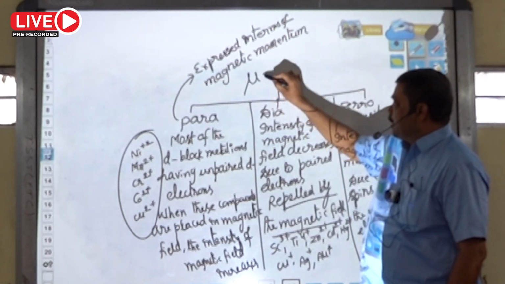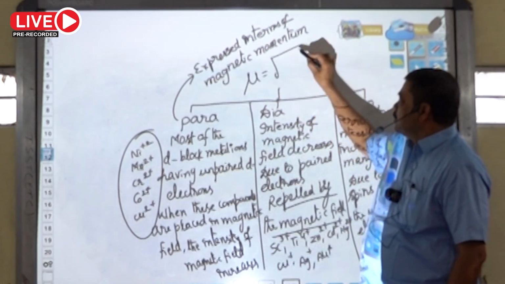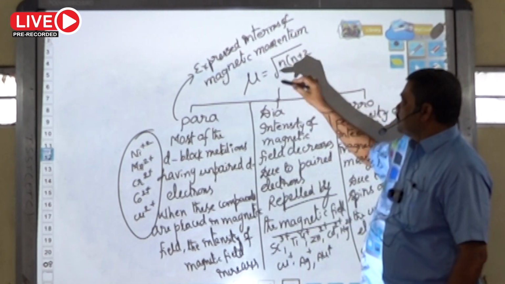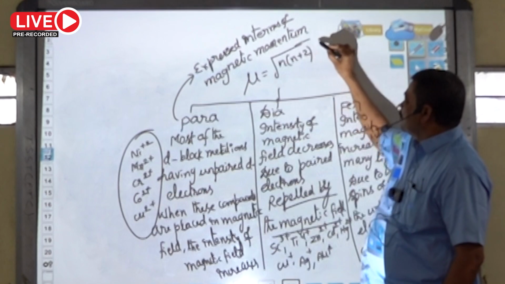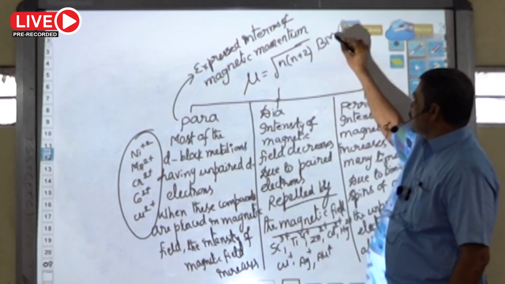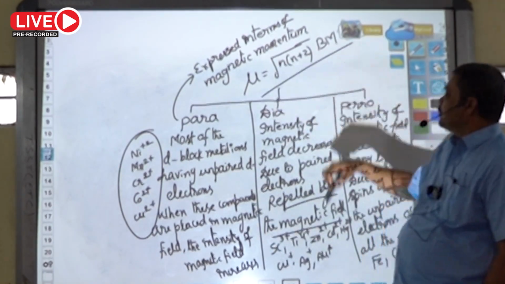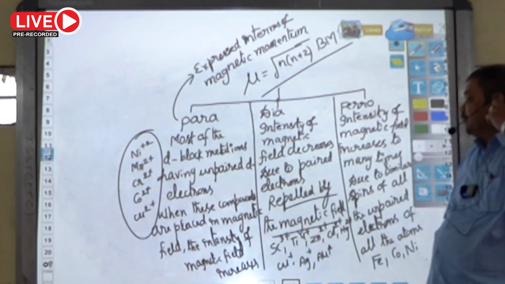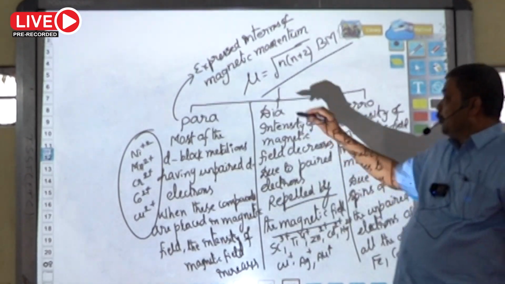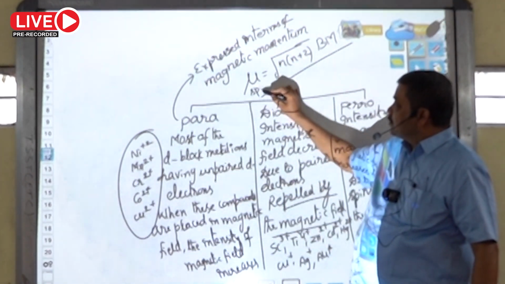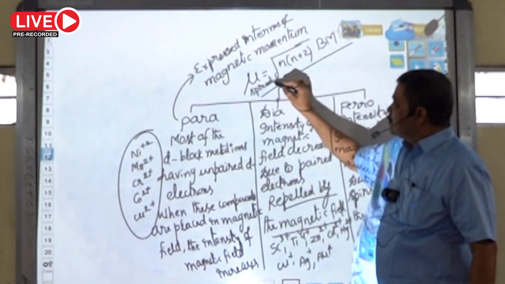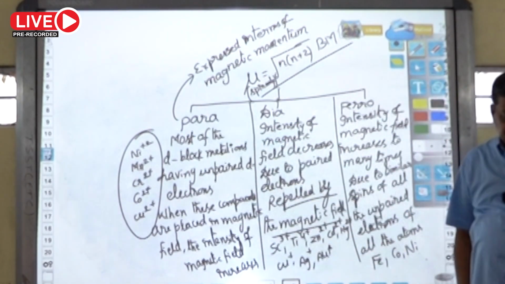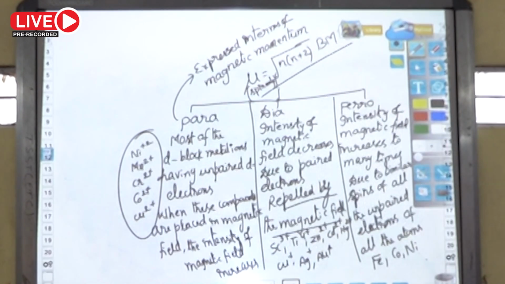So magnetic moment mu is equal to root of n into n plus 2 Bohr magnetons. Here we also write mu spin only.